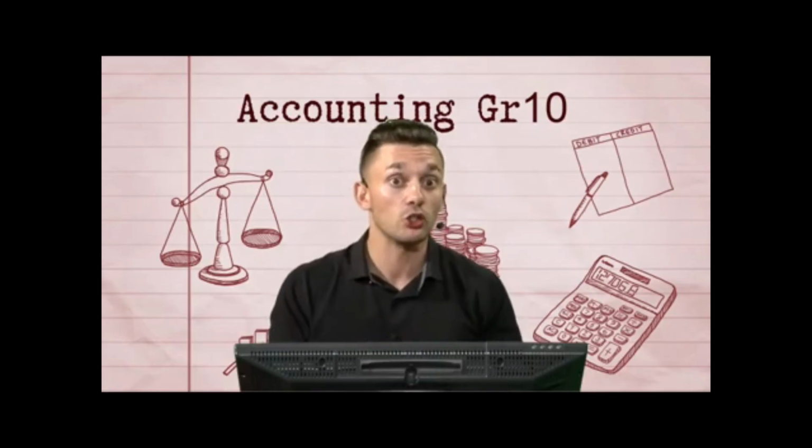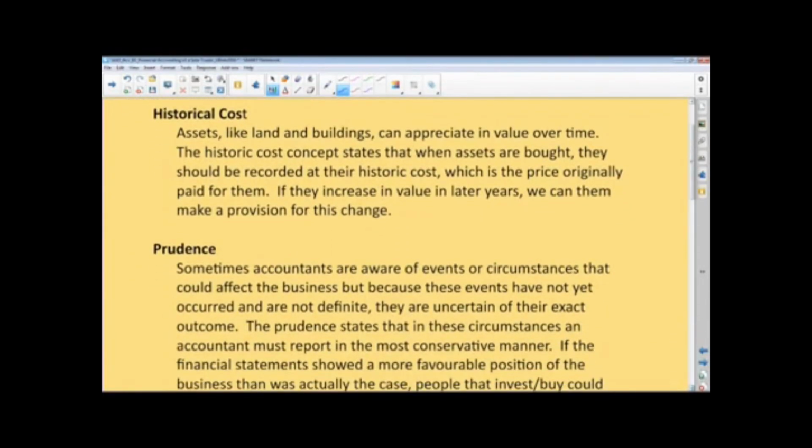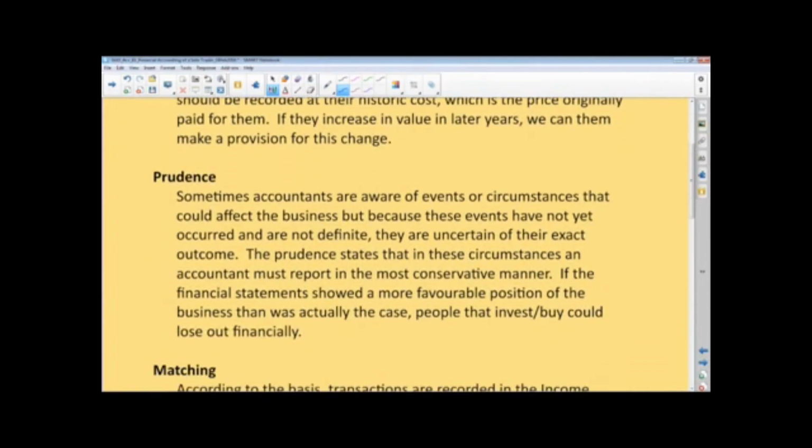Let's continue to the second one. Let's go and read it. The prudence principle. Sometimes accountants are aware of events or circumstances that could affect the business, but because these events have not yet occurred and are not definite, they are uncertain of the exact outcome.